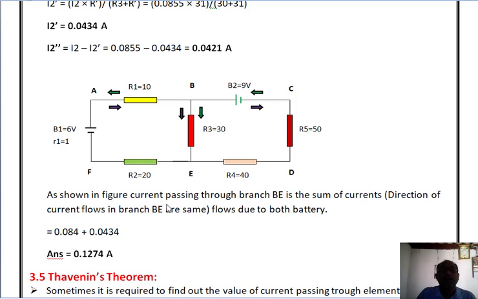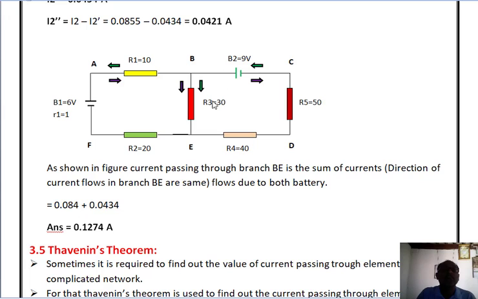To find the current passing through this branch, it is the sum of the currents, since the current flows in the same direction due to both batteries. So the actual current passing through this R3, 30 ohm resistance is equal to 0.084 plus 0.0434, which is equal to 0.1274. So 0.1274 ampere current passes through this R3 ohm resistance.